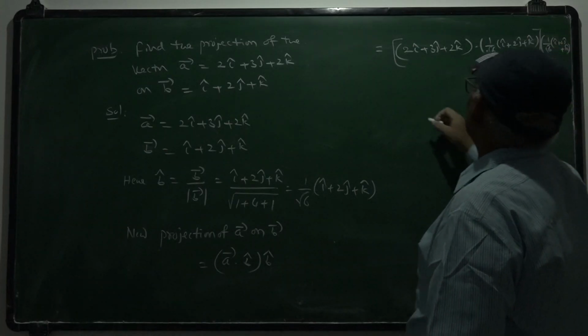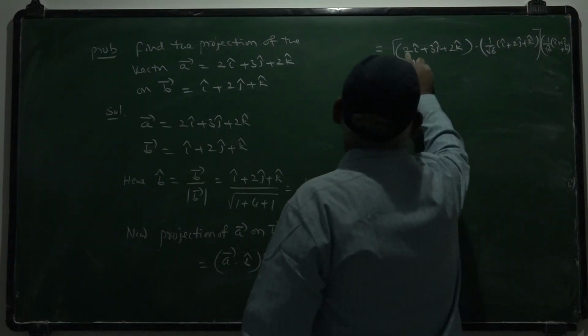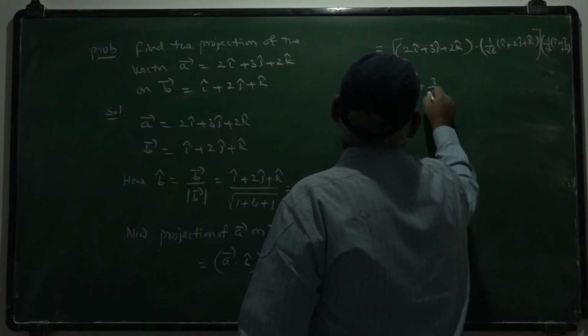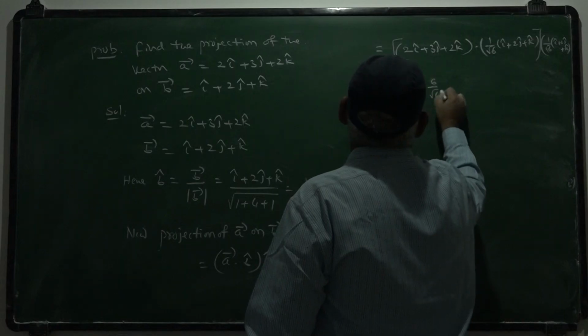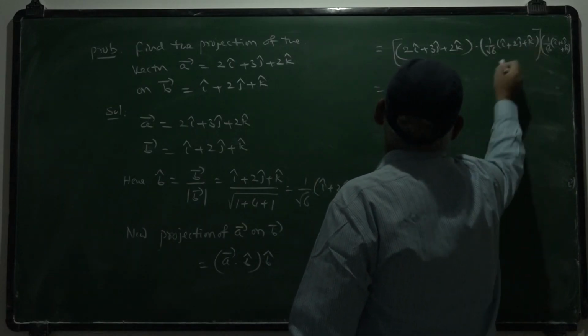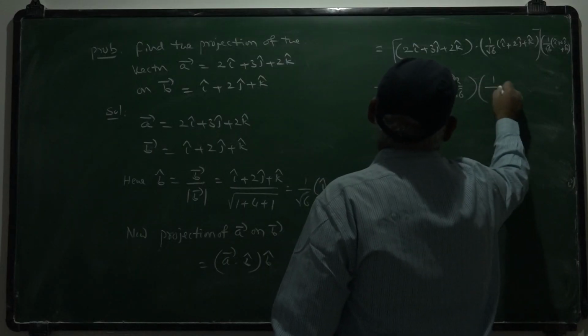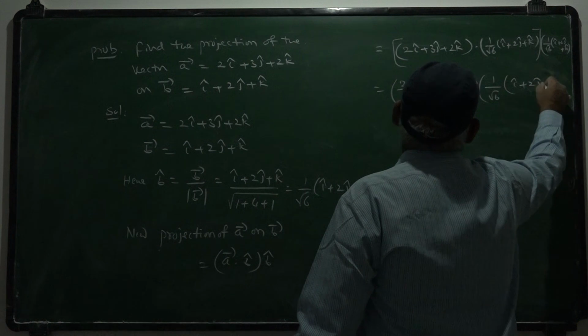Taking the dot product of these two, we get 2 by root 6 plus 3 into 2, 6 by root 6, plus 2 into 1, 2 by root 6, multiplied by 1 by root 6 into i plus 2j plus k itself.